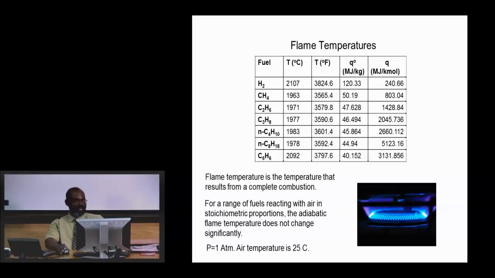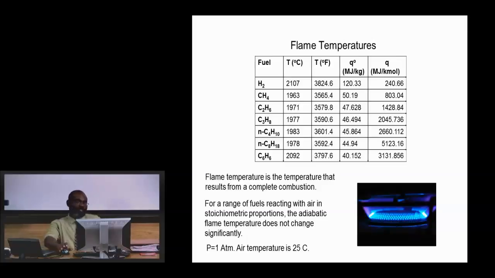Okay, last thing we're going to talk about is flame temperatures. So I said before, when we were talking about a fire consuming fuel in a compartment, that if you get 1,000 Celsius temperatures in the upper layer, that's really hot.